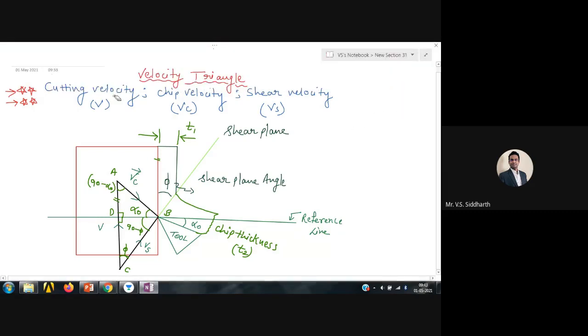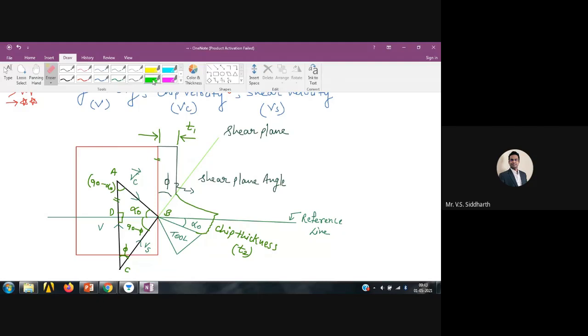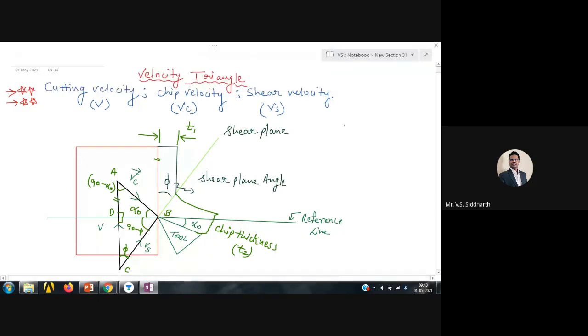Now, in triangle ABC, apply the sine rule.